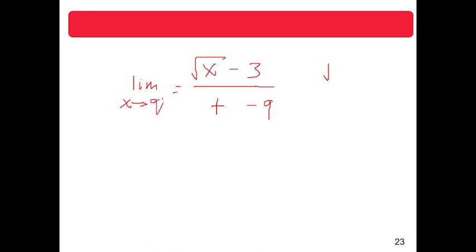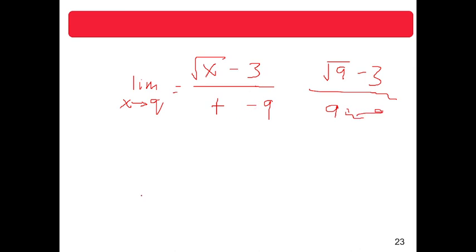There you go. So if we're going to substitute this one by direct substitution, the value of that one would become square root of 9 minus 3 all over 9 minus 9. Correct?